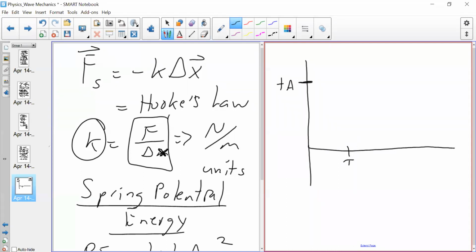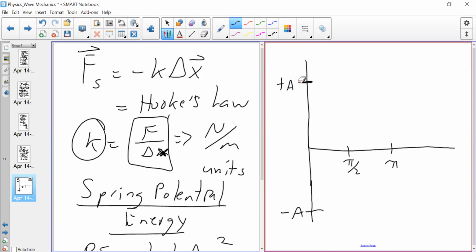At pi over 2, cosine is equal to 0. At pi, it's -1, or in this case, negative A. And I say A can be anything. It can be 2, it can be 3,000, 200. But it's going to be a positive and negative A.